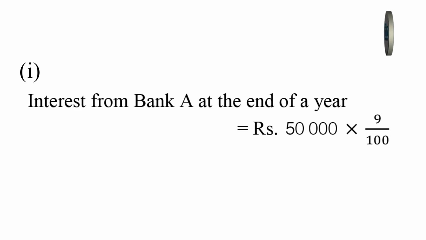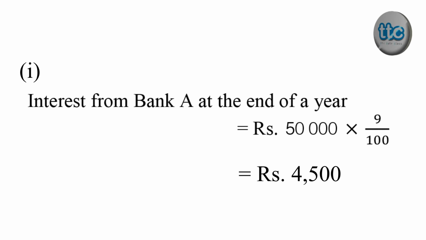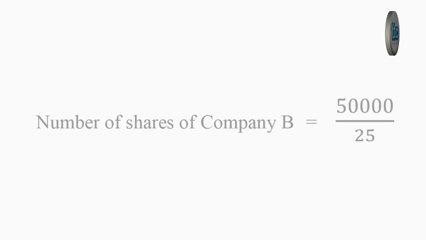So what is half of 100,000? That is 50,000. Then how do you calculate the interest from Bank A? 50,000, the interest rate is 9%. So 50,000 into 9 over 100, the answer is 4,500 rupees.